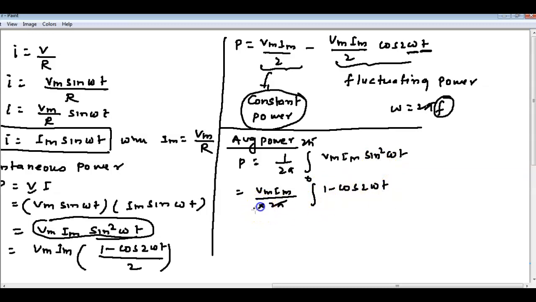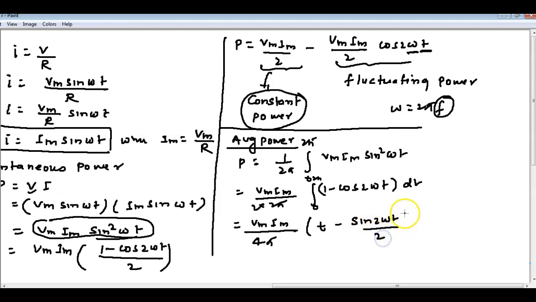So I take the 2 outside, and we get Vm Im divided by 4 pi. The integration of 1 is t, and the integration of cos 2 omega t is sin of 2 omega t by 2, from 0 to 2 pi. So you can write Vm Im, this is P average.